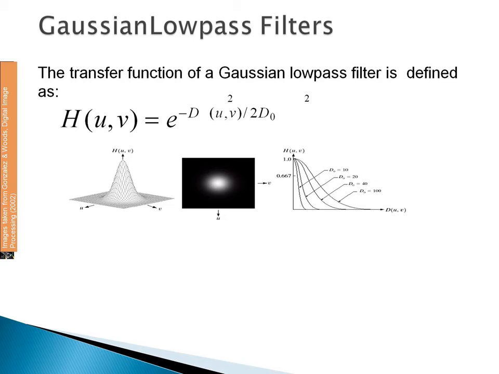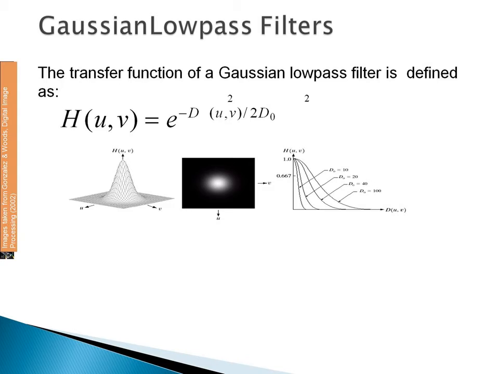So in the picture over here, we can see a perspective plot, an image display and the radial cross section of the Gaussian low pass filter function. In A, we can see the perspective plot of the Gaussian low pass filter function.